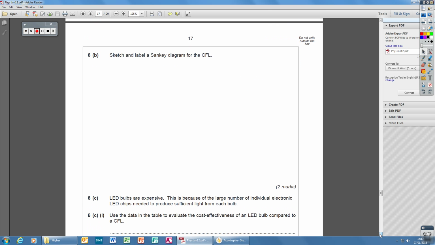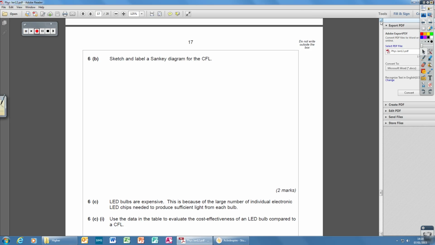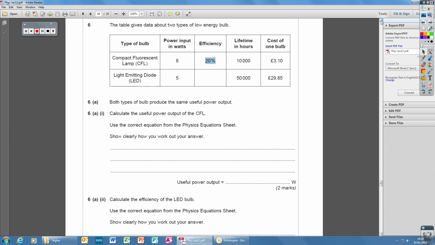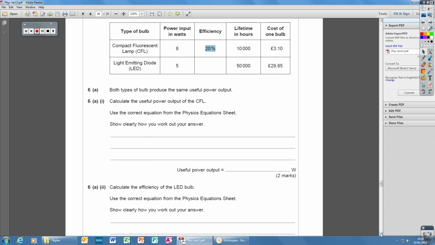Sketch and label a Sankey diagram for the CFL. Well, let me just remind myself of the data that I actually had here. So if you remember, it's 20% efficient. The power input was 8 watts, and the useful bit, the light, was 1.6.